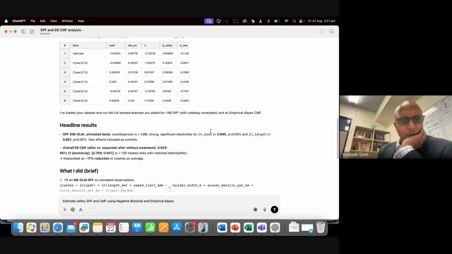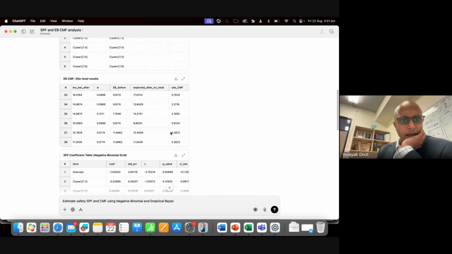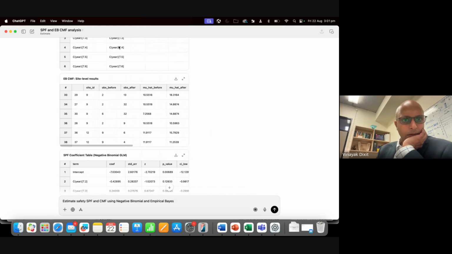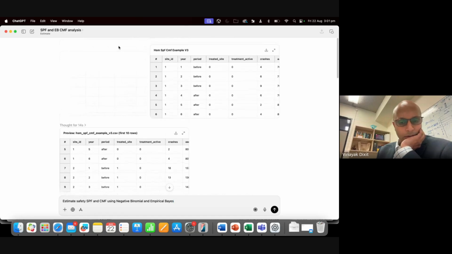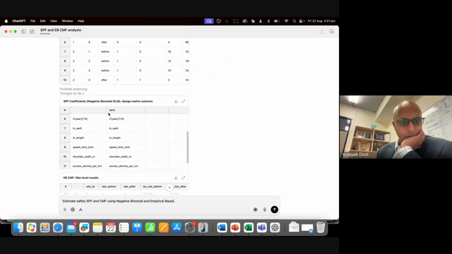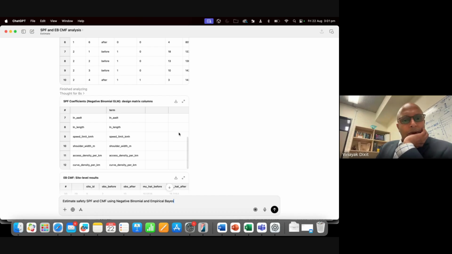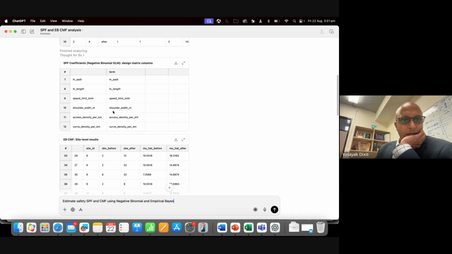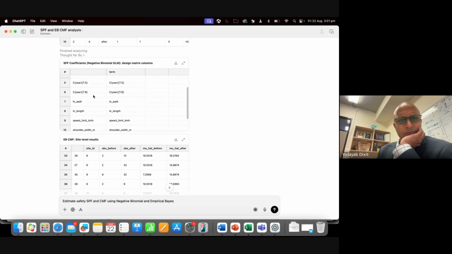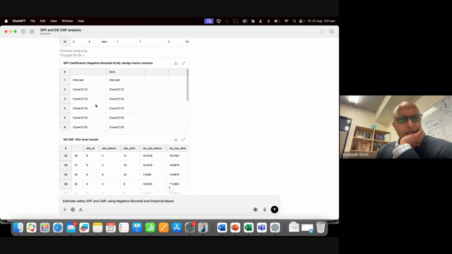But even before that, what we really need to do is estimate a negative binomial model. A negative binomial model will include ADT, length, speed, shoulders, etc. Don't worry about this part.